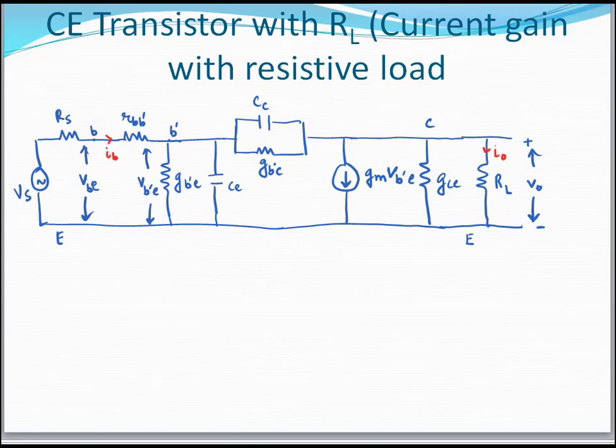So we can write it here. At this time K, the ratio of output voltage to input voltage, is equal to V naught by V B dash E. In the last question, when we had the CE transistor with short-circuited output, V naught was zero, so we were getting the value of K equal to zero. But in this case we have K equal to V naught by V B dash E, which will not be zero in this case.